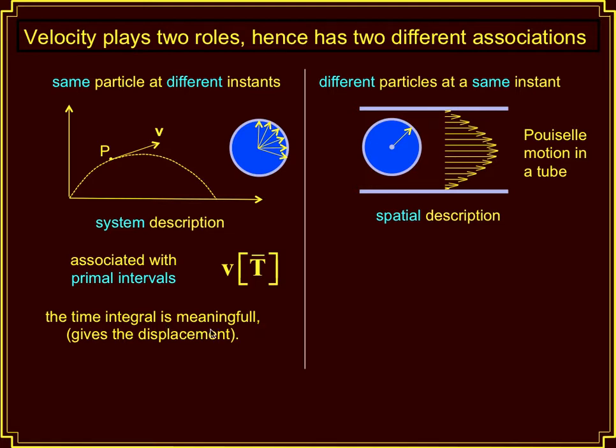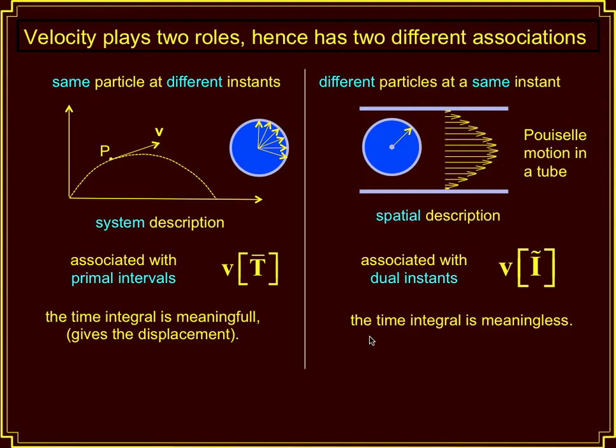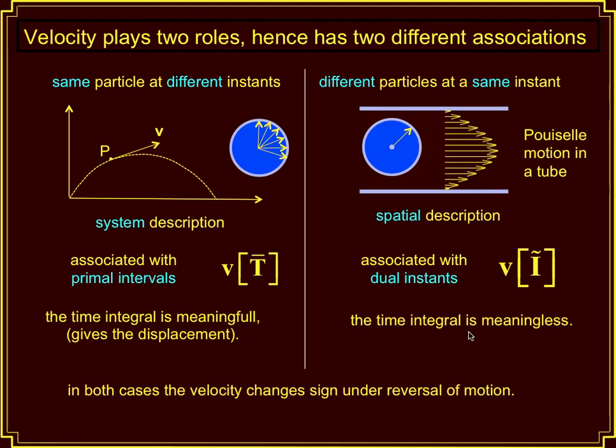The time integral is meaningful because it gives the displacement. Instead, in the spatial description, the velocity is associated with the dual time instants. The time integral in this case is meaningless. In both cases, the velocity changes sign under reversal of motion.